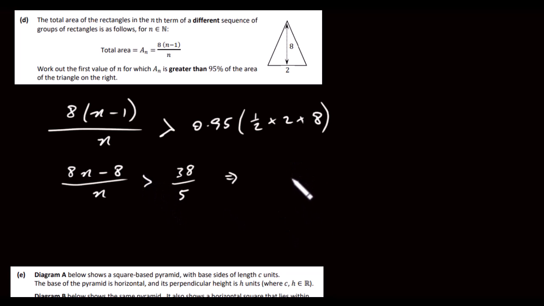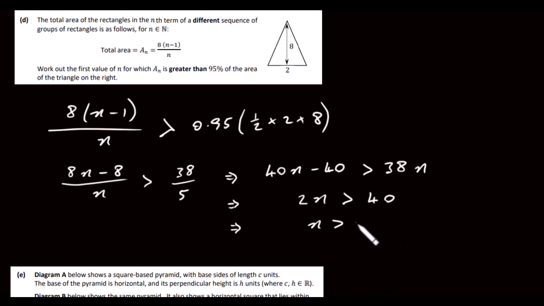So on the left hand side we're going to get 40n minus 40. On the right hand side we're going to get 38n. And let's see, bring this over here, that'll give us 2n, and bring the 40 over, that'll give us 40. So that gives me n is going to be bigger than 20.